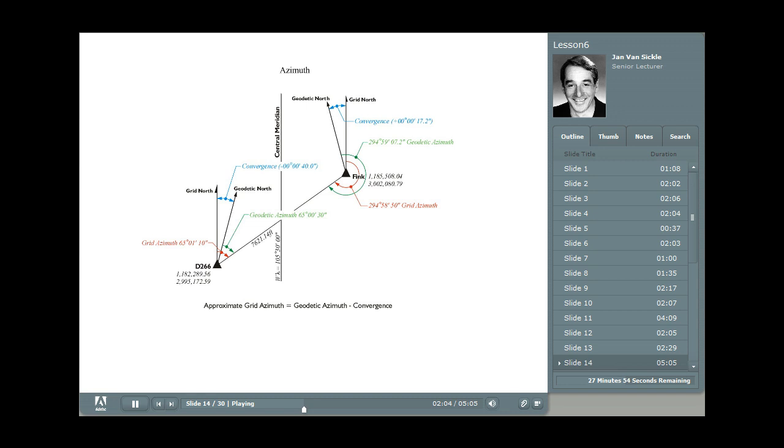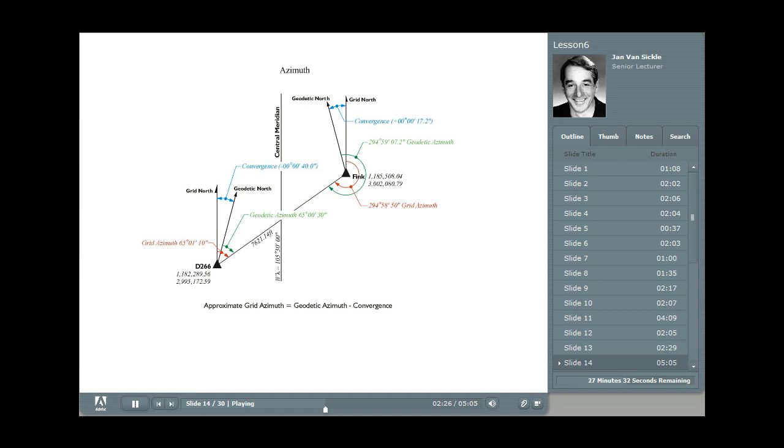Now, as you see over here on the right at station Fink, it's plus 0 degrees 00 minutes 17.2 seconds. And over here on the left, it's minus, this is west of the central meridian, 0 degrees 00 minutes 40 seconds. All right.